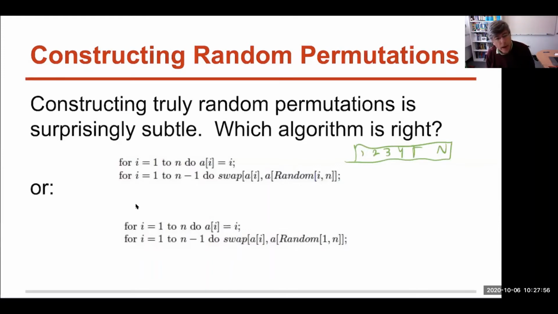Then I am doing n random swaps, where I take the ith element and swap it at random with another element. Does anybody see what the difference between these 2 algorithms is? Is there any difference, or are they the exact same piece of code?